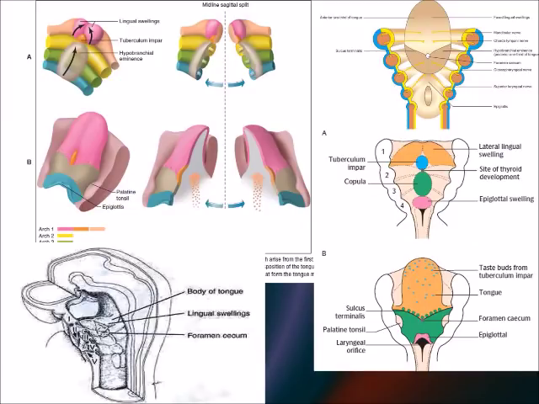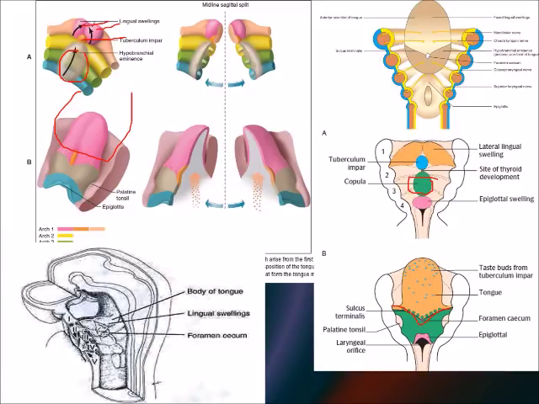The tongue is formed by 2 lateral swellings from the first arch and the midline tuberculum impar. These will give us the anterior 2/3 of the tongue, and the posterior 1/3 of the tongue comes from the copula. Between the anterior 2/3 and the posterior 1/3, I can see the sulcus terminalis, the V-shaped sulcus.